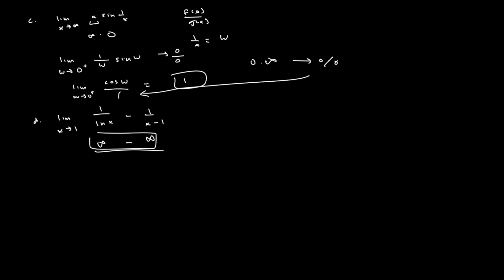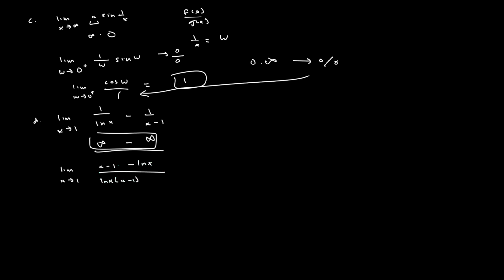And with an infinity over infinity form, we also want to try to get it towards a 0 over 0 form as well. And one way we can do that is we can combine the fractions, and when we combine the fractions, we get x minus 1 minus natural log of x divided by x minus 1 times ln x.